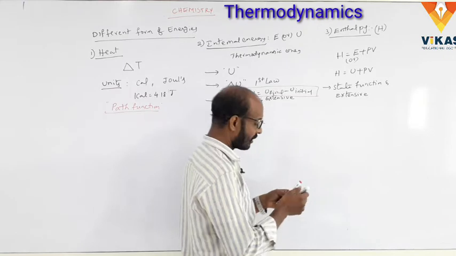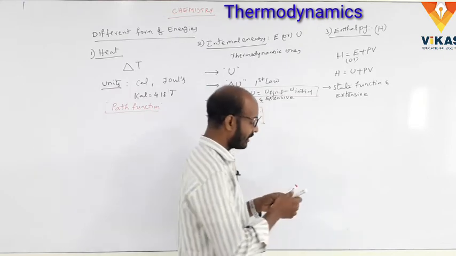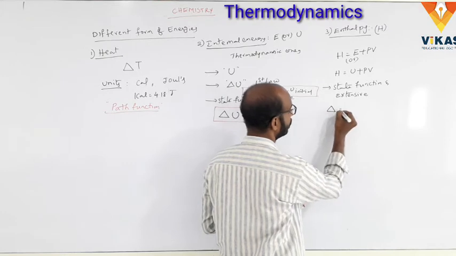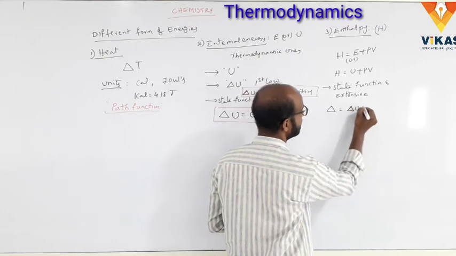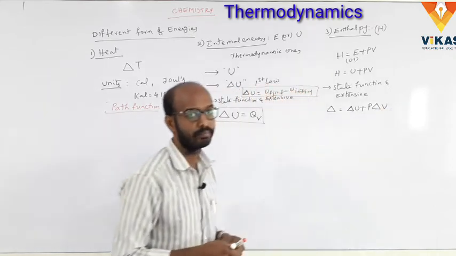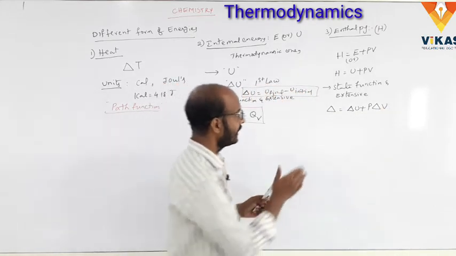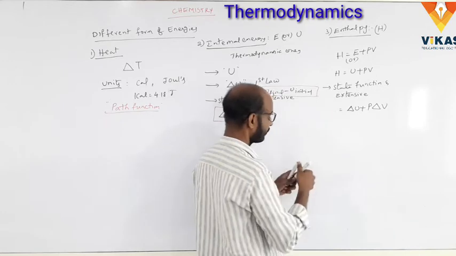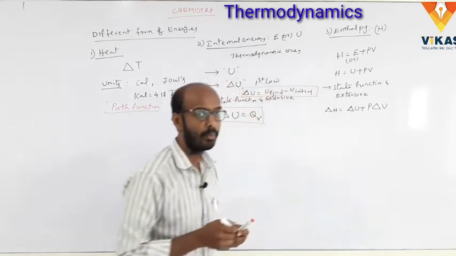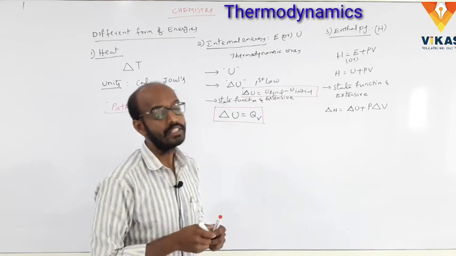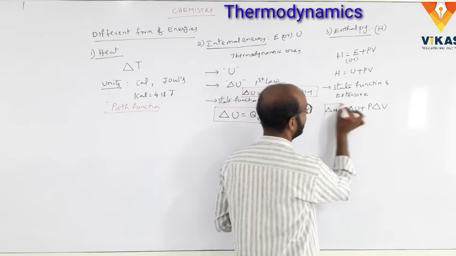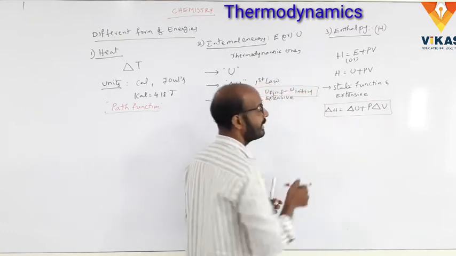The change in enthalpy: delta H is equal to delta U plus P delta V at constant pressure.